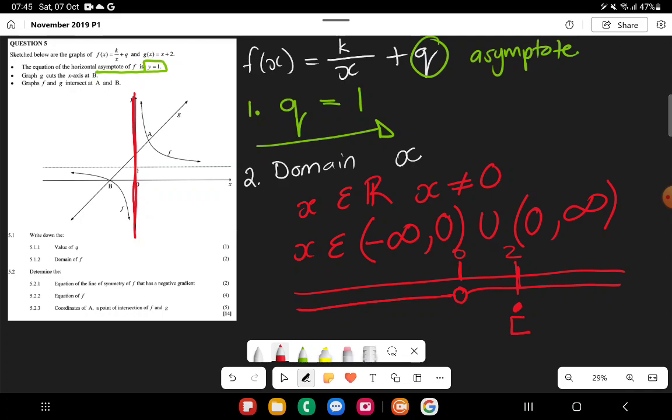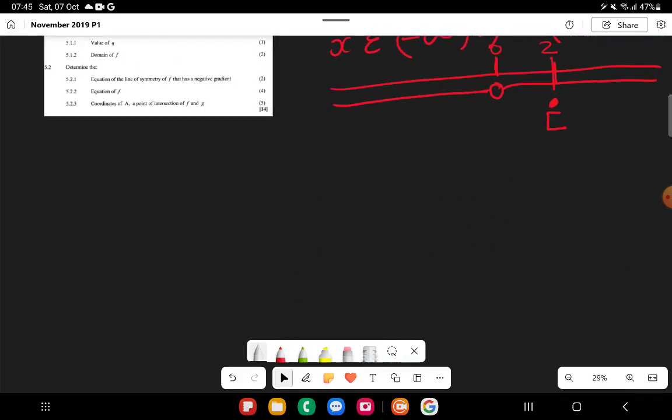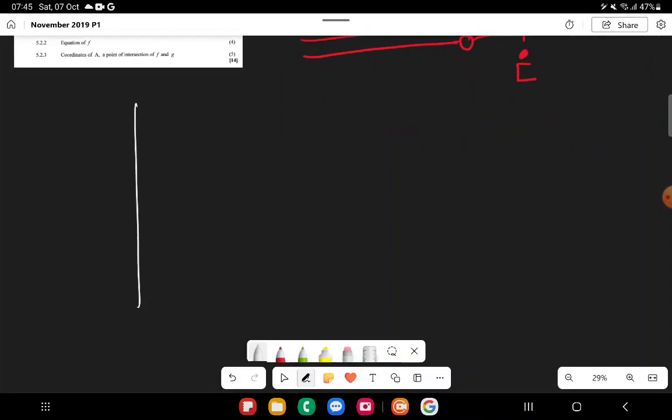Okay, so we have answered 5.1.1 and 5.1.2. Let's go to 5.2. What's the equation of the line of symmetry that has a negative gradient for the f graph? Okay, lots of words. What does it mean? First of all, you have your normal hyperbolic equation.